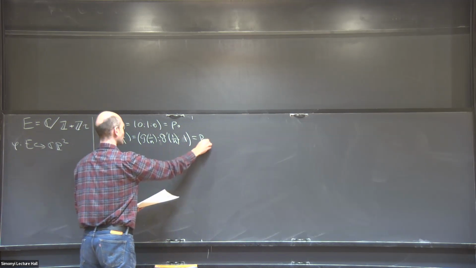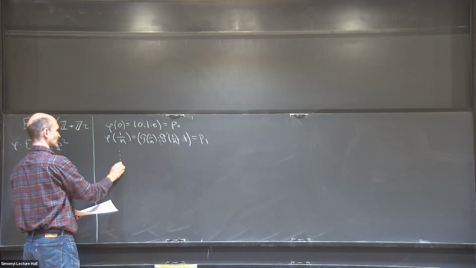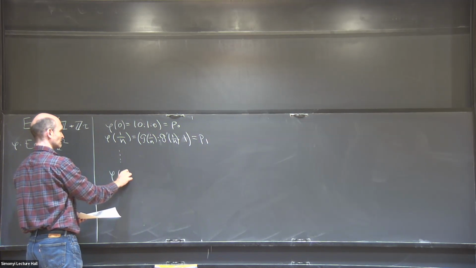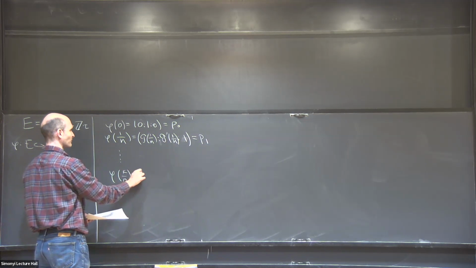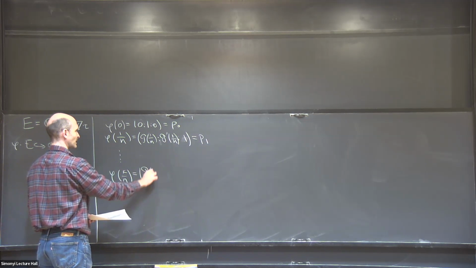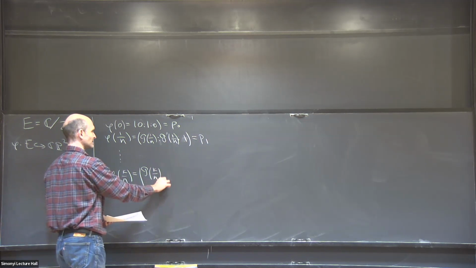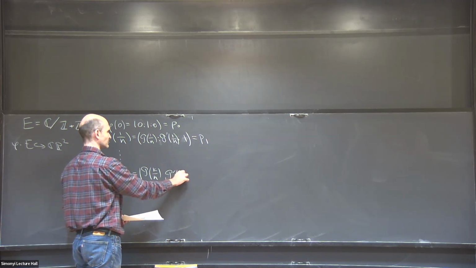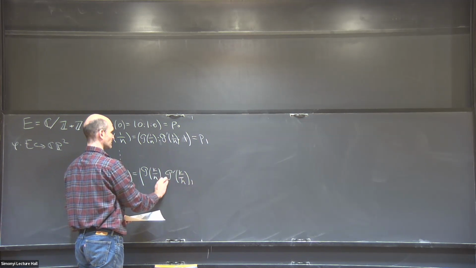And this is P1, and so on. So phi of k over n is the Weierstrass function of k over n, its derivative at k over n, and 1.